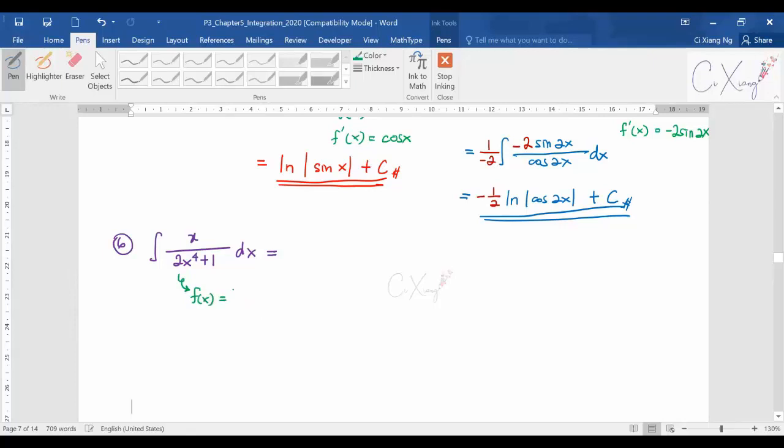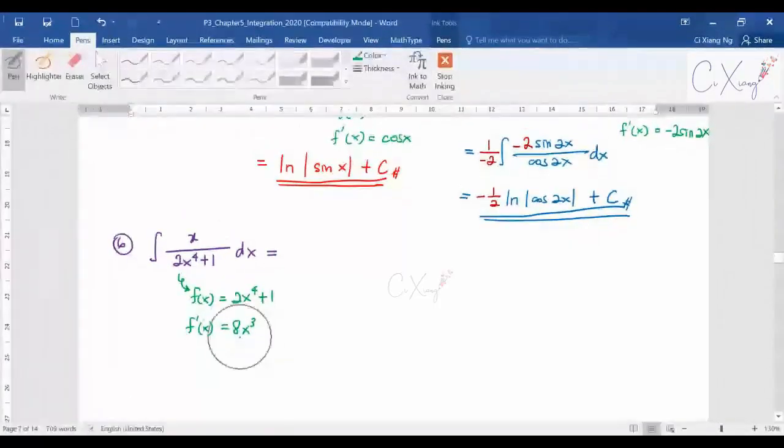So fx is 2x power 4 plus 1. For f prime x, after you do the differentiation, you have 4 times 2, you get 8, so 8x power 3, plus 1 becomes 0. If you double check, you need to have 8x power 3 on the numerator. But now my numerator is only x.